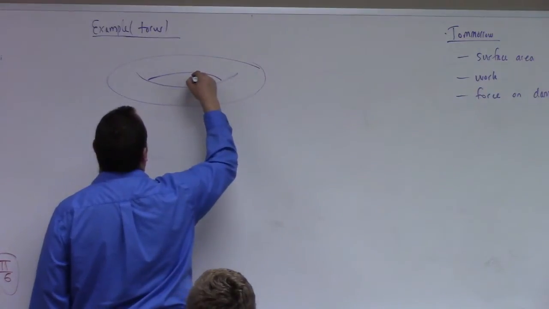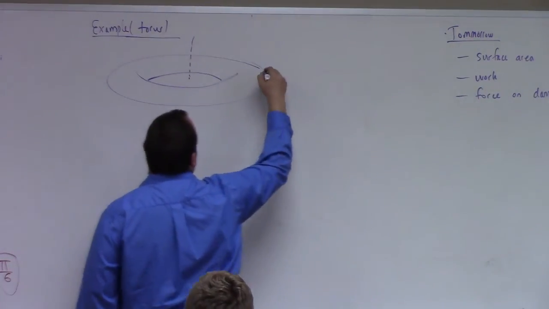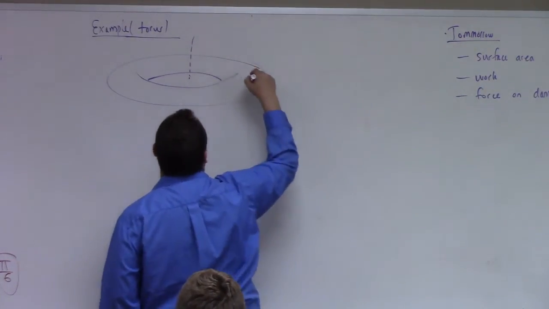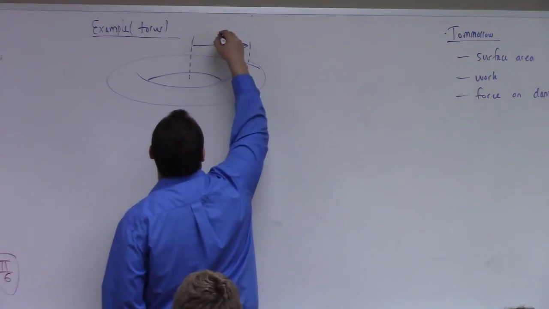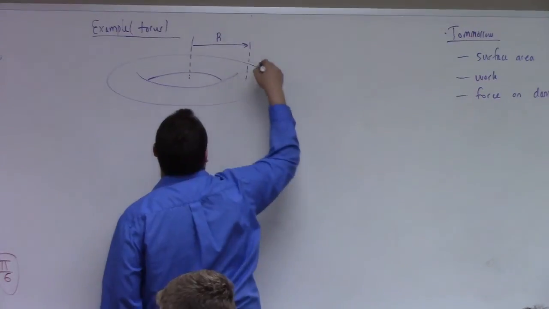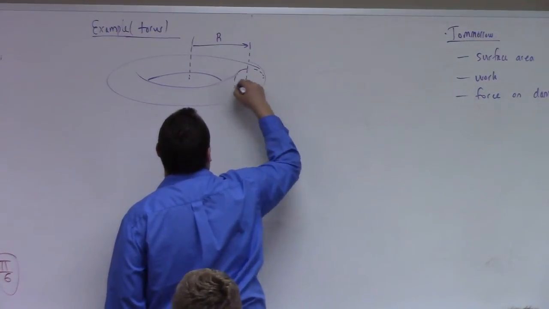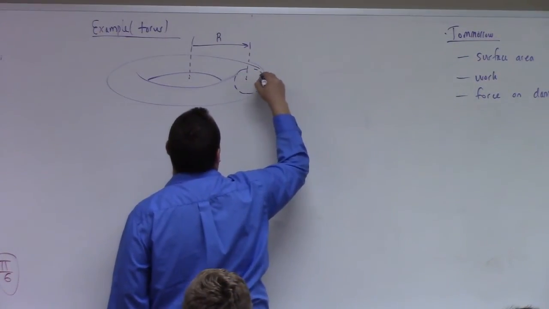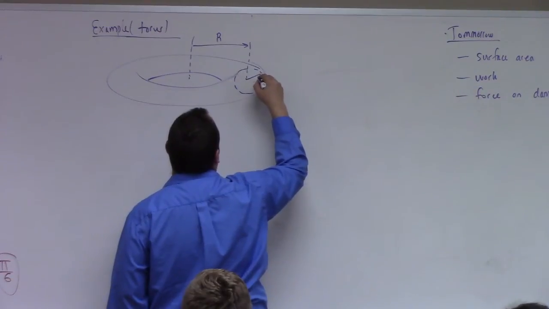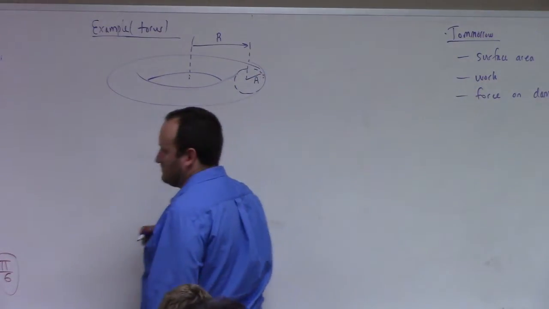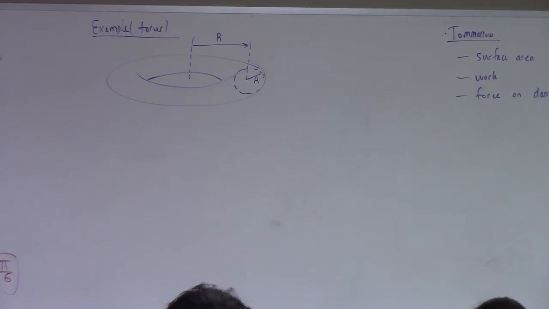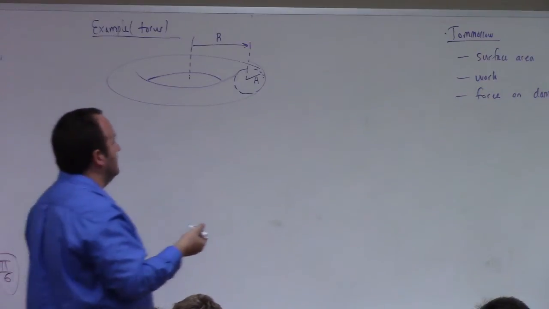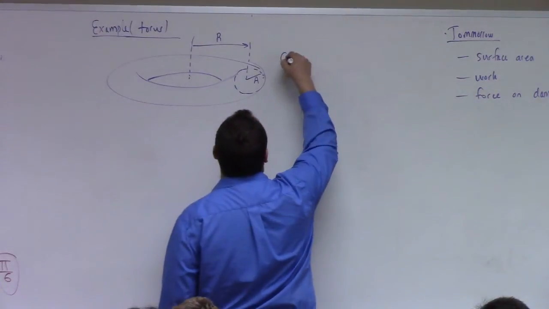So here I want to think about a torus that has, let's say, this radius being r, and I'll let the typical circle be radius, let's say, a. So I want to calculate the volume of this torus.